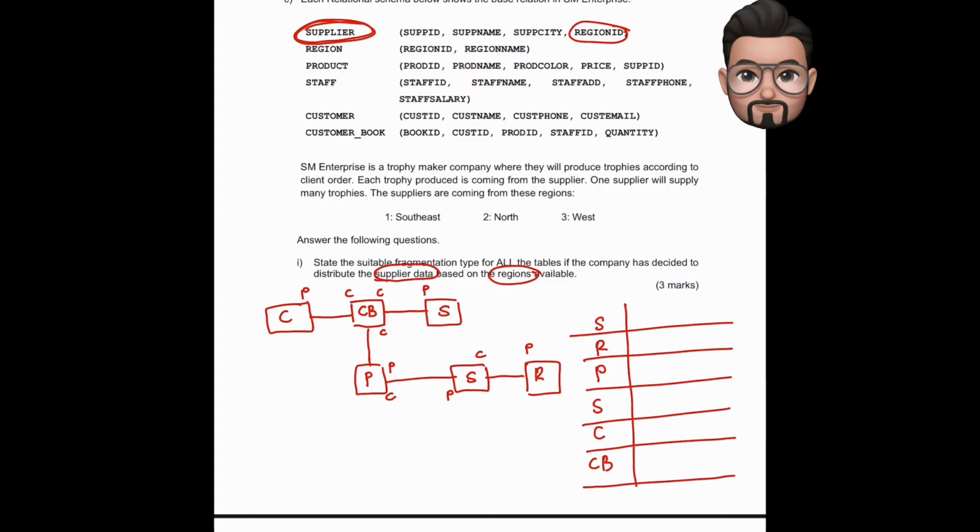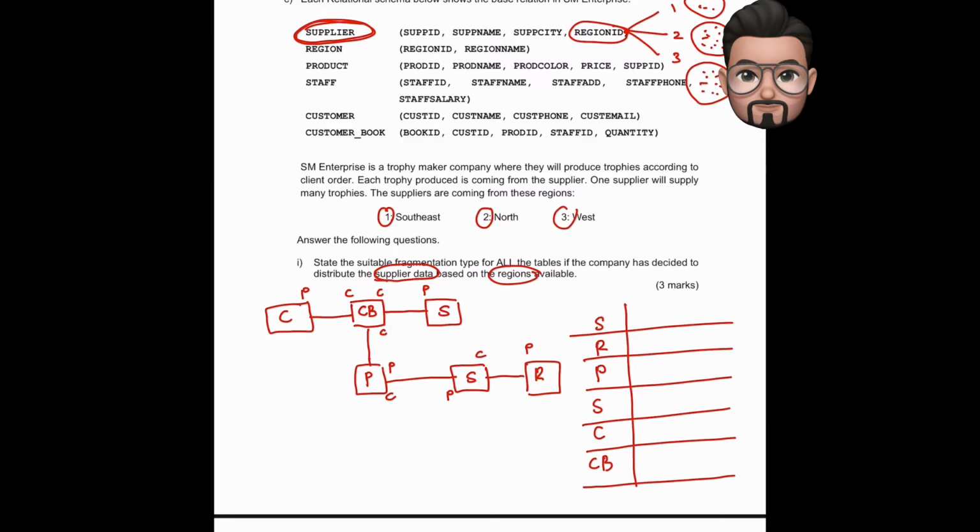What are the region IDs that we have? 1, 2, and 3. So whichever supplier comes from region 1 will be inside fragment 1, suppliers with region ID 2 will be in fragment 2, and suppliers of region 3 will be in fragment 3. This is what the company wants.